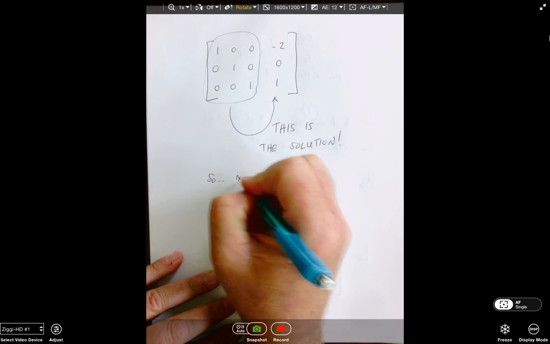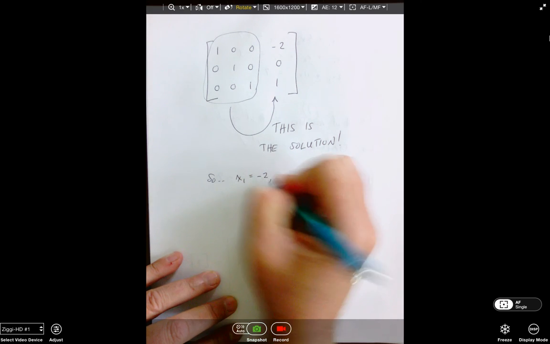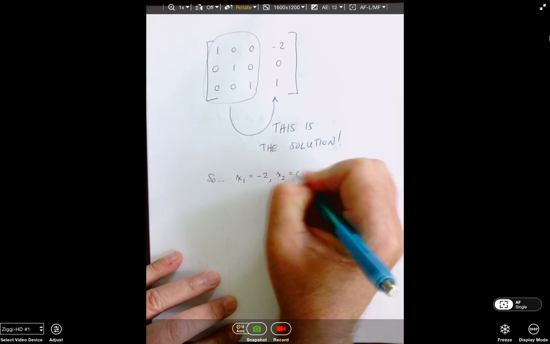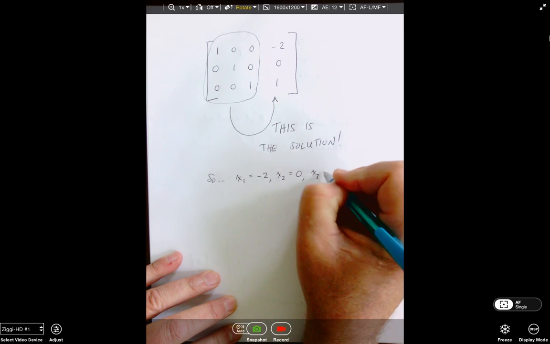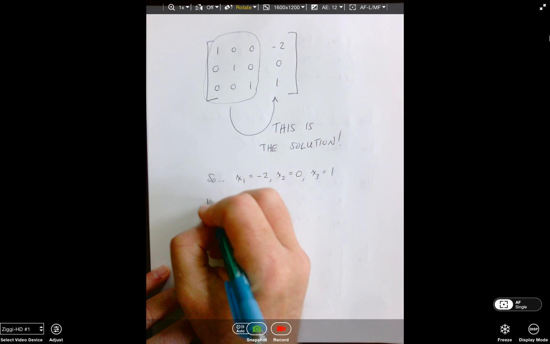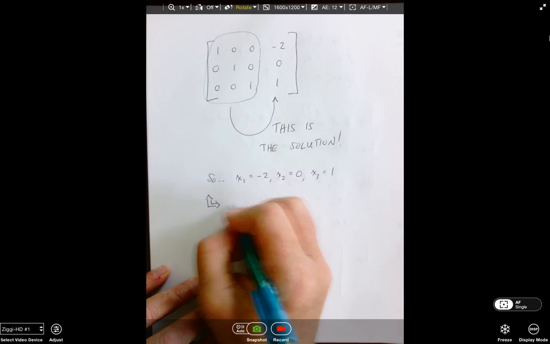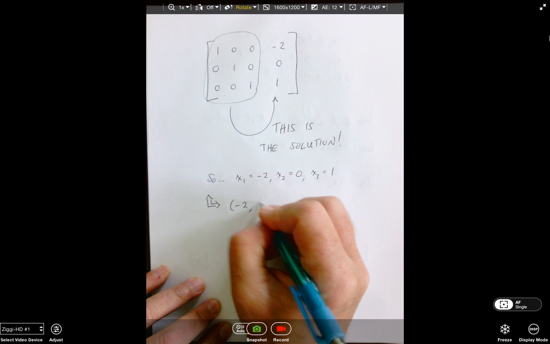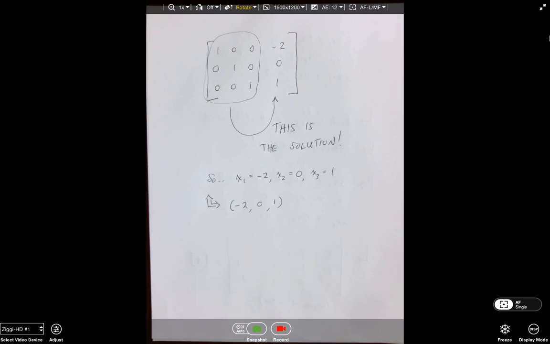So x1 is equal to negative 2, x2 is equal to 0, x3 is equal to positive 1. This is equivalent to negative 2, 0, 1 as the solution.